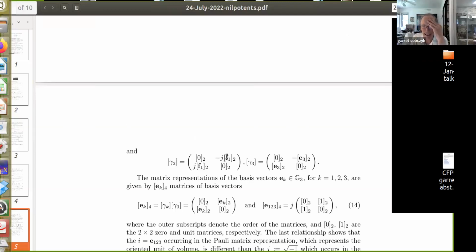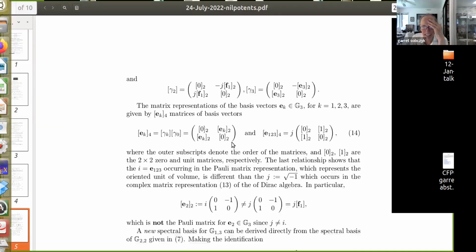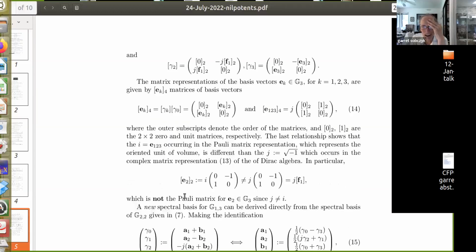Again, that F in the E2, that J times F is E2, sigma 2 for the Pauli matrices, where the Dirac matrices are defined in terms of the Pauli matrices. Well, that's the equivalent of that idea. The second order 2 by 2 matrix of E2 is I times 0 minus 1, 0, but that's not the same thing as J times 0 minus 1, 0.